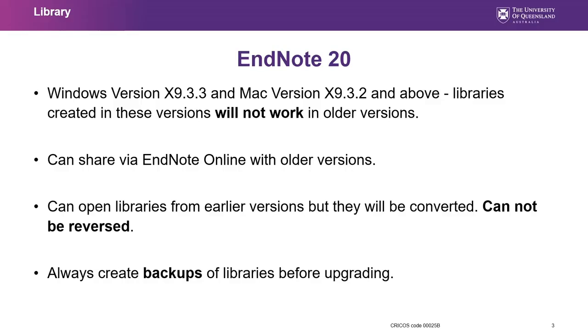You are, however, able to share your libraries created in these earlier versions with users of older versions using EndNote Online. What happens when you open a library from these earlier versions in these newer versions? They will be converted by EndNote. Please note that these libraries, once converted, cannot be reversed. So you should always create backups of your libraries before upgrading.